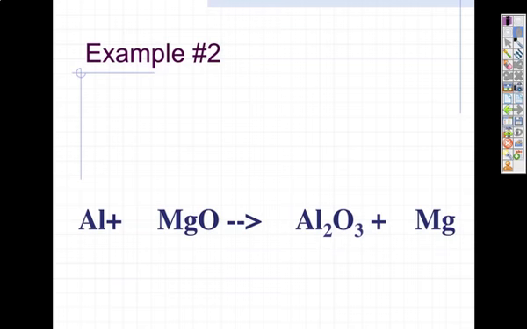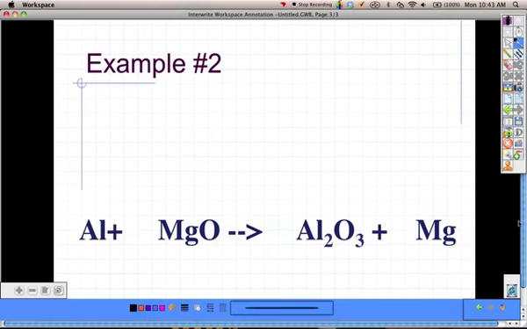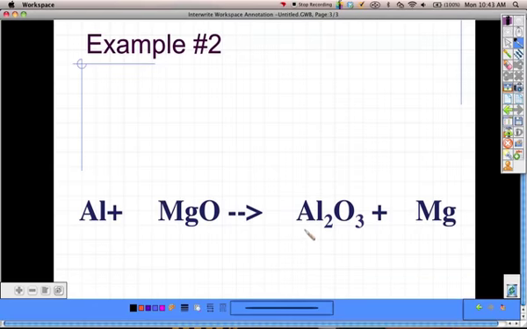Some people will find, as you're starting this out, until you've got the hang of it, that you can kind of do it as an accountant would. So you want both sides to equal, like you want your bank statement to equal what it says in your checkbook. So if I imagine that as my dividing line, I can say, well, I have aluminum, magnesium, and oxygen on both sides.